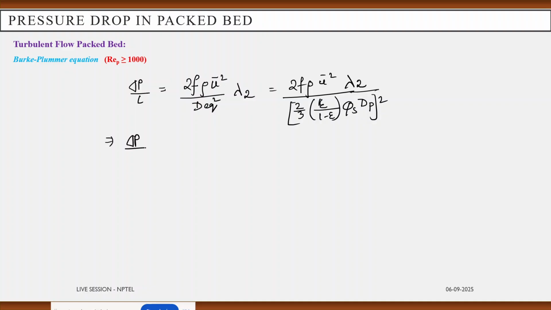So ultimately you will get, because U equals U naught by this, that we already know. I am not doing substitution here.